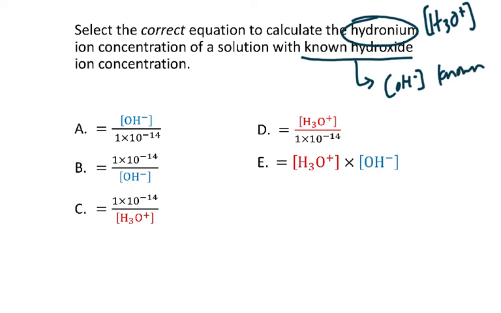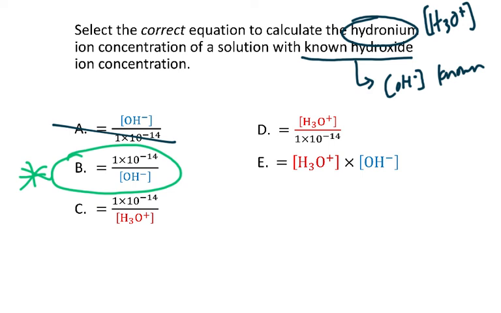So what's the right equation? Answer for yourselves, and you get, hopefully, this one, right? A is tricky. It's the inverse, so it's not that. B is correct.